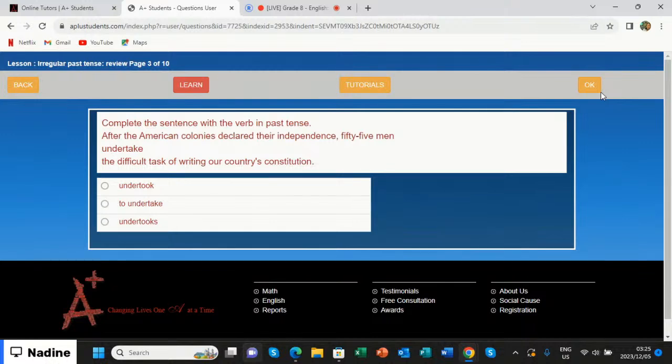Is it undertook, to undertake, or undertooks? Is it undertook, to undertake, or undertooks?